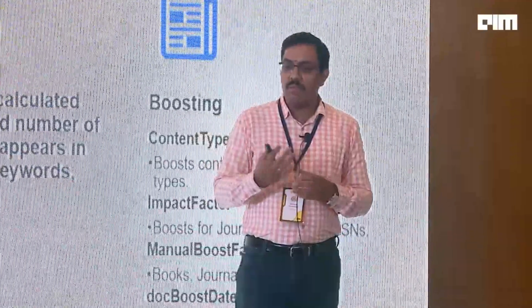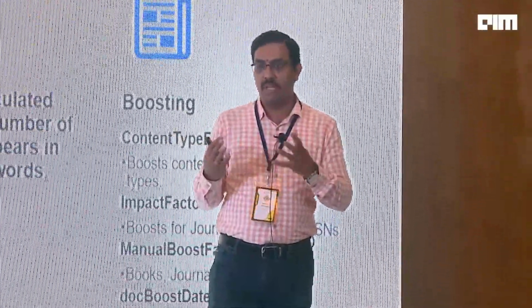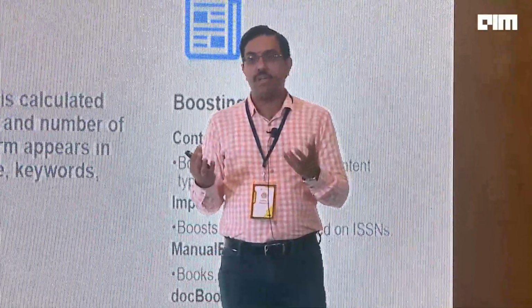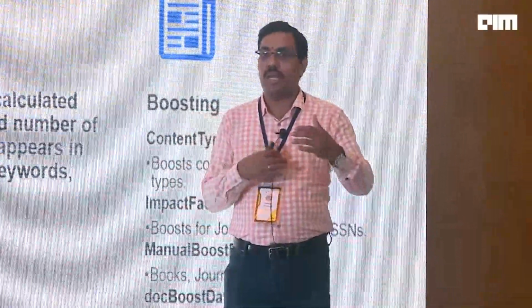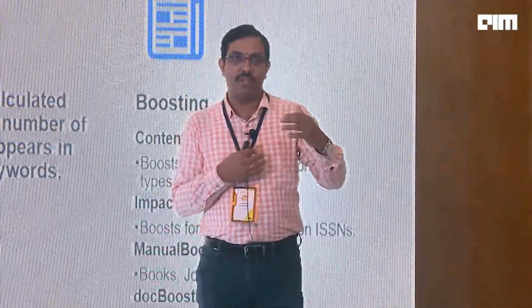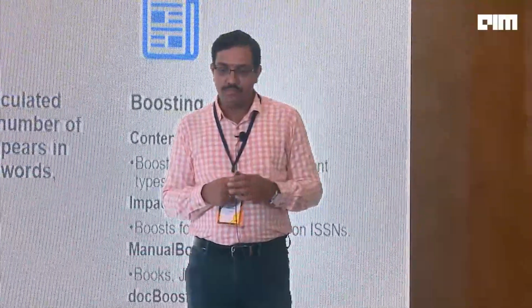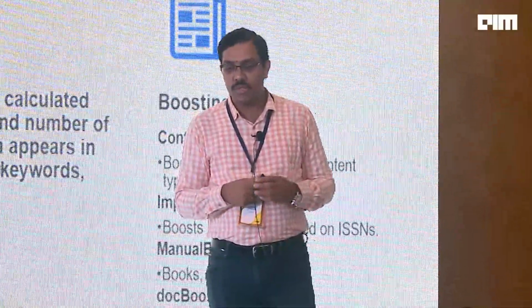And there are some manual boost factors for certain books, like Ferri's, for example. That's a very popular book, and most doctors or medical students use that as a standard Bible for their education. So any content that is retrieved from Ferri's would be boosted very high. There is also a boost by date.